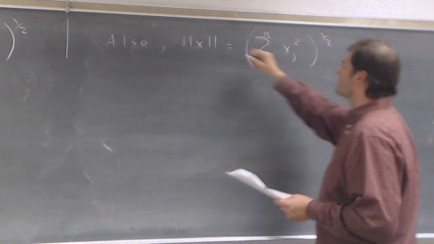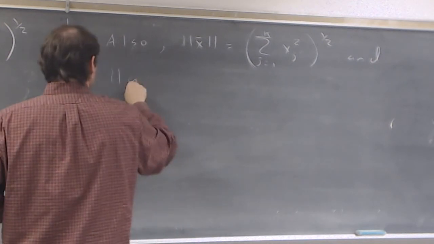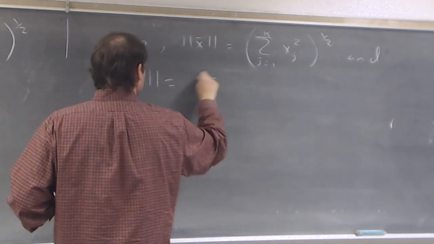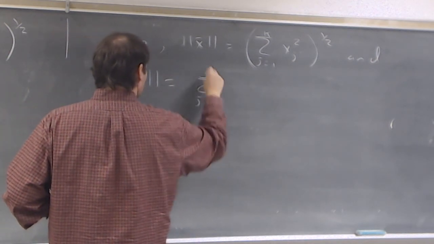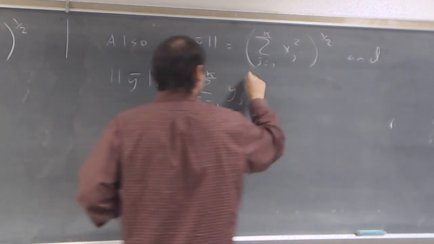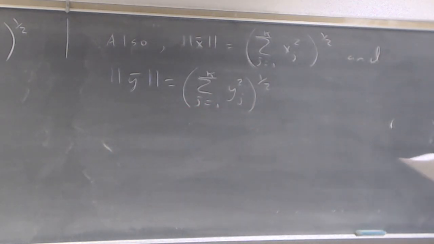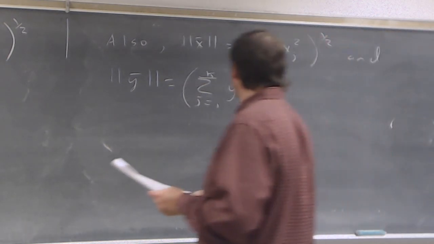And similarly, if you look at the norm of y, that's going to be equal to the sum as j runs from 1 to k of y sub j squared, raised to the 1/2 power. Okay.